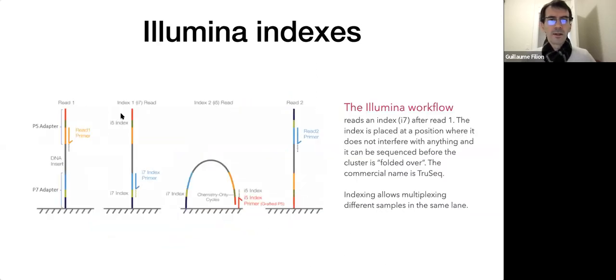So how does that work? It's because you can sequence that index, and that's something that we skimmed over very fast last week, that there are the P5, P7 adapters, the sequencing primers for the Illumina technology, but you also have the index. And that's something that we very briefly showed last week. Like here, outside the molecule, on the flanks, you're allowed to sequence the index.